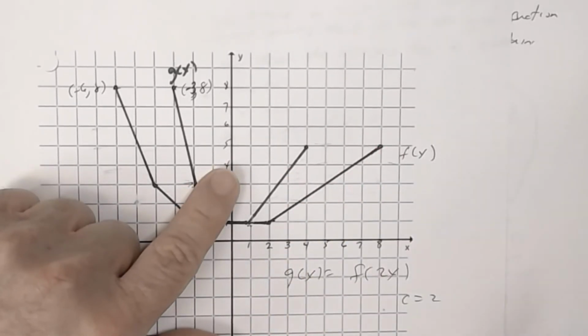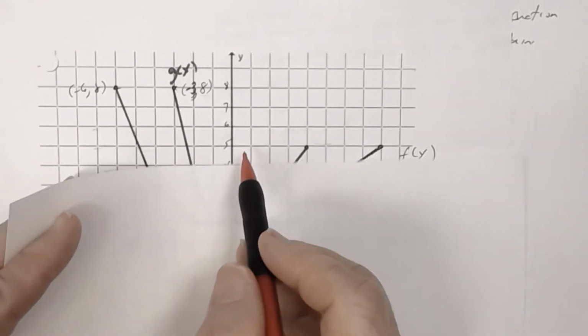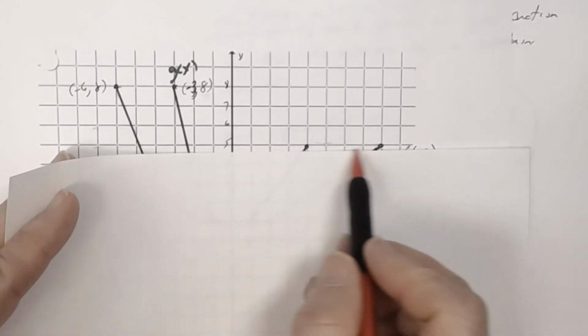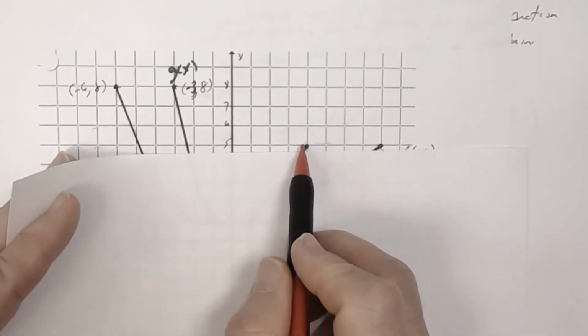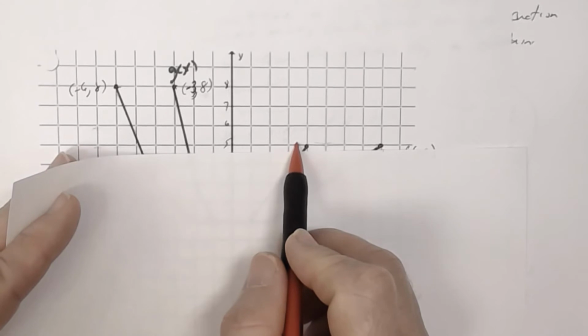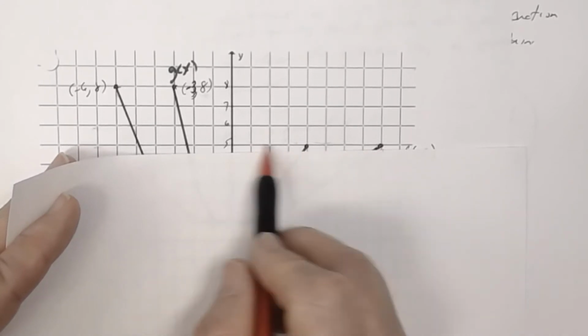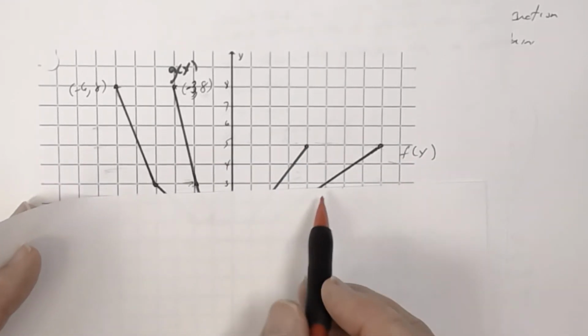If I look at the distance from the y-axis to this point, that's 8 units. Do y'all agree? If I take half of that, how many units is this? 4. So by a factor of a half, this distance becomes 4.